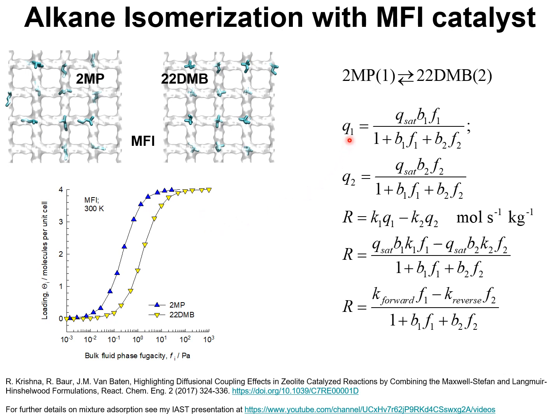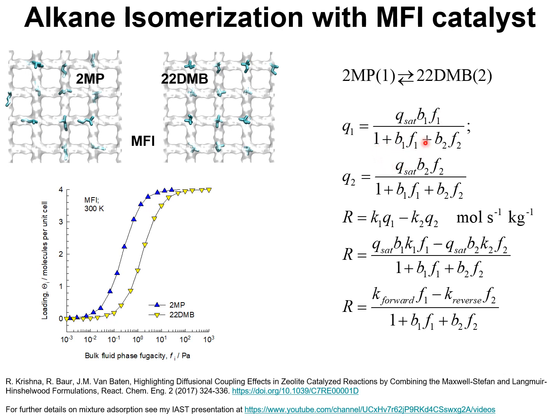The molar loadings of components 1 and 2 in the adsorbed phase are described by the expression derived in the foregoing slide for binary mixture adsorption. So Q1 is equal to the saturation capacity for component 1, corresponding to, say, 4 molecules per unit cell, times the adsorption constant or binding strength for component 1, B1, times the partial fugacity of component 1 in the bulk fluid phase.